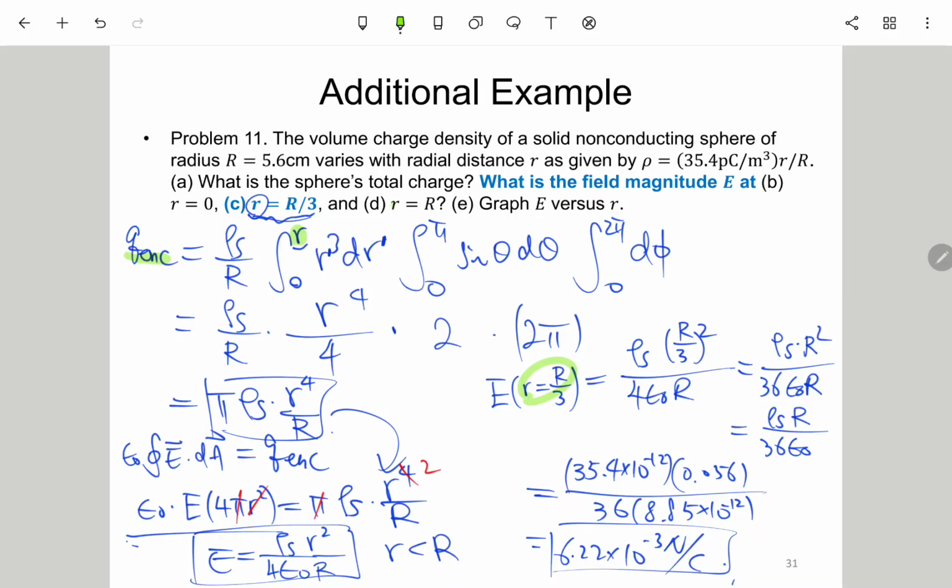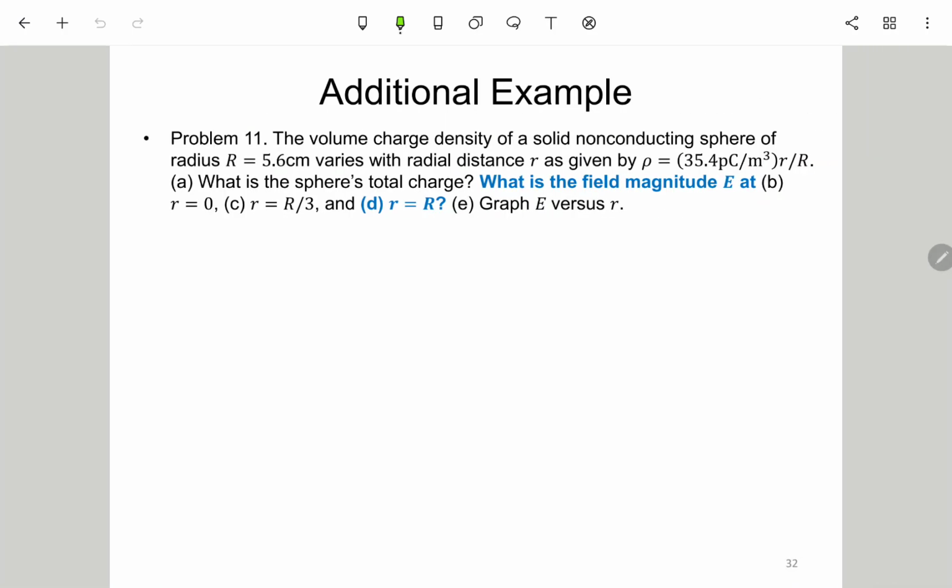Okay, so it still asks you what E is when R equals capital R. So it will be easy, because we already know that Q is pi rho s R cubed according to question A, equals epsilon naught E 4 pi R squared.